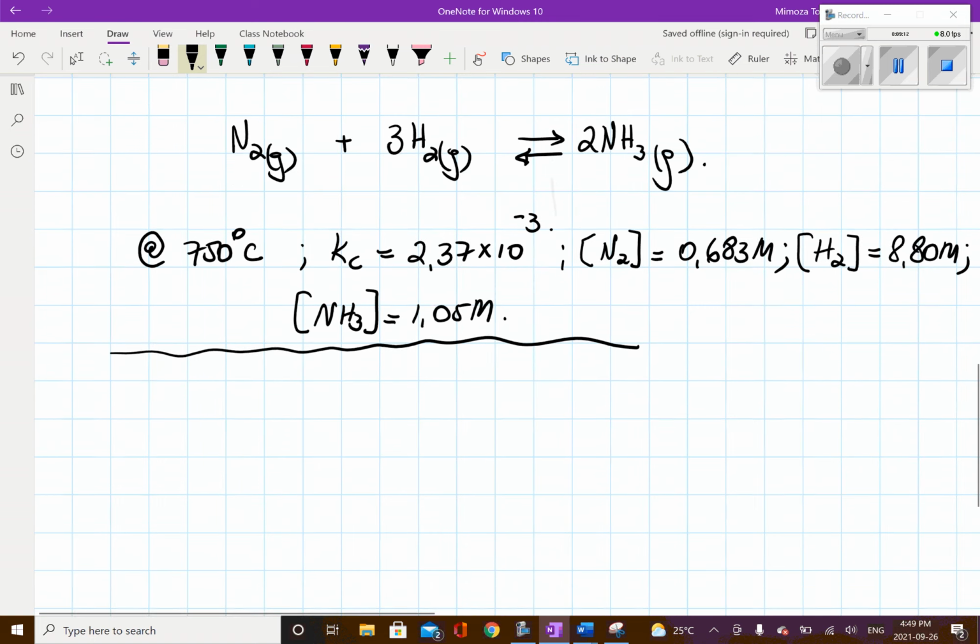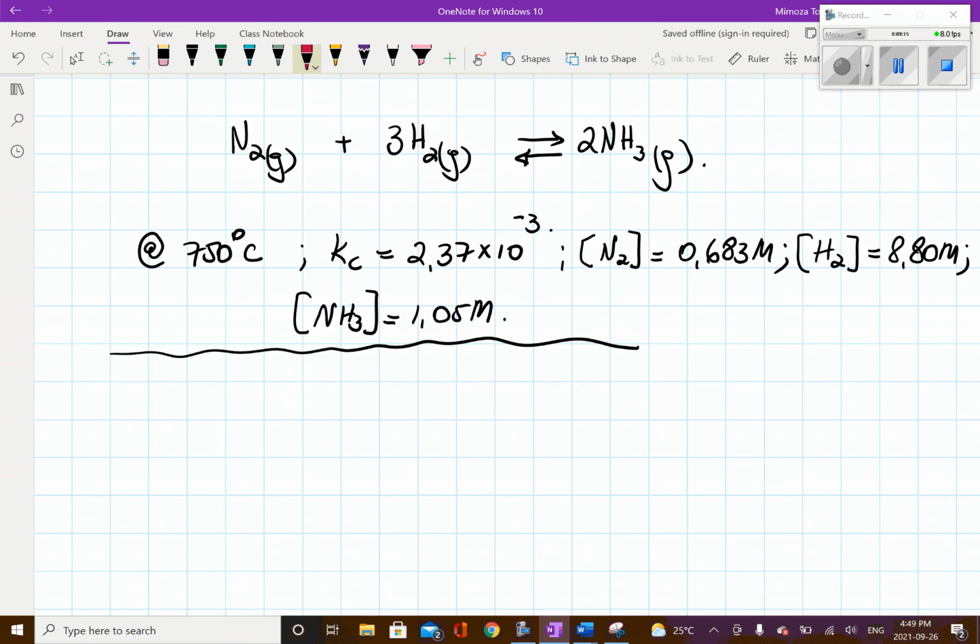Now, let's suppose that what we are doing is adding NH3 so that the concentration of NH3 is now 3.65 molarity.